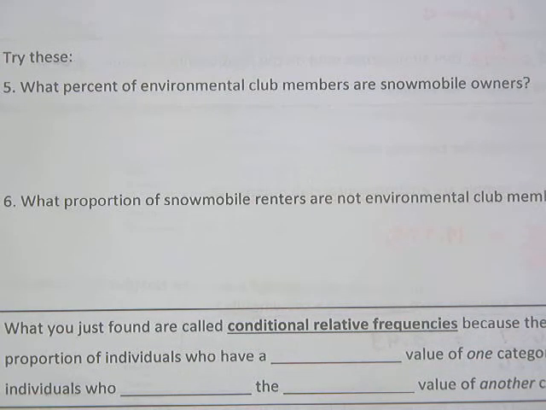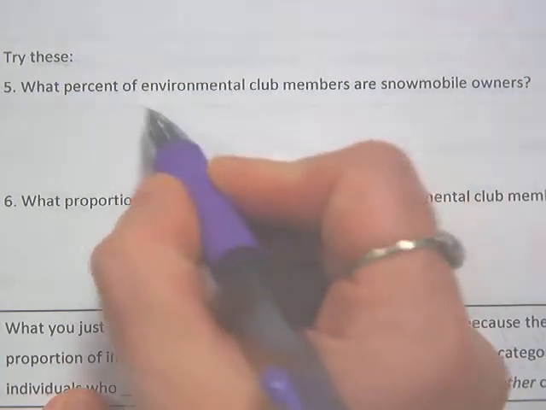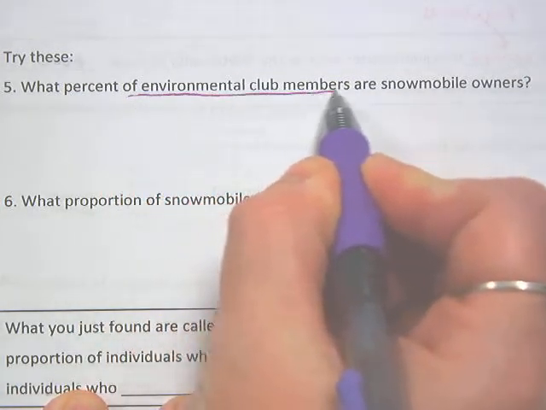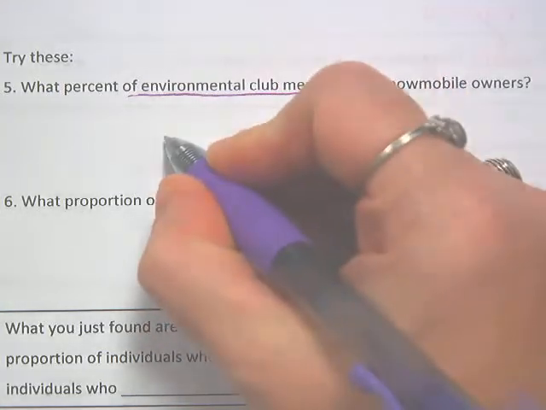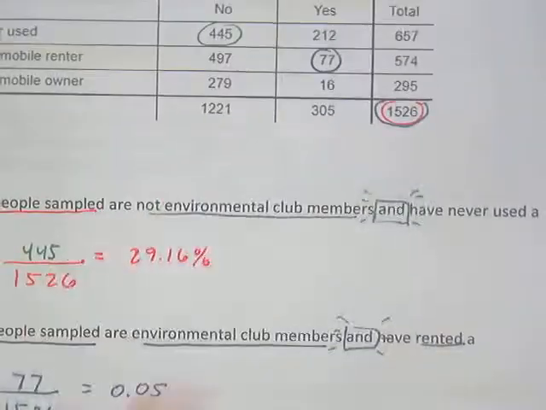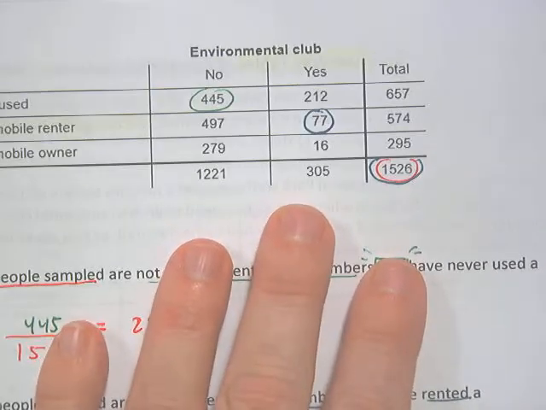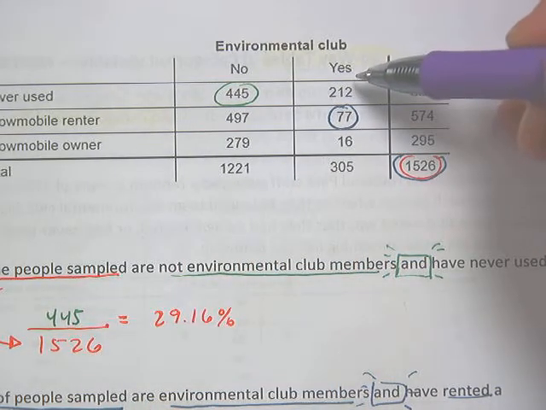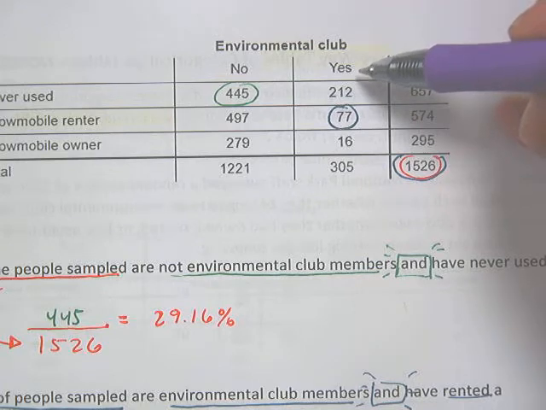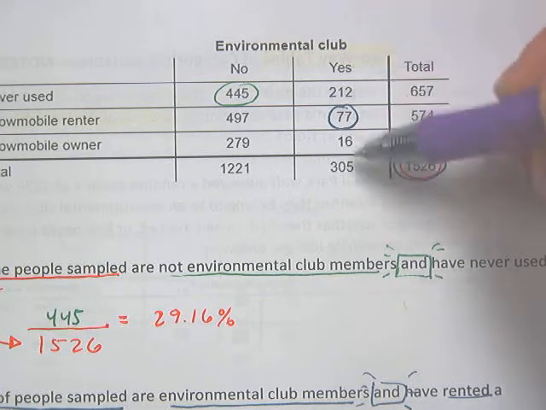What percent of environmental club members? Okay, now slow down on this one because all of a sudden, the first part, the "of" part, that's the denominator, we're only talking about environmental club members. So in this table, how many people are environmental club members? 305. So you have to know how to read these. Just go to the, yes, I am a member of an environmental club.